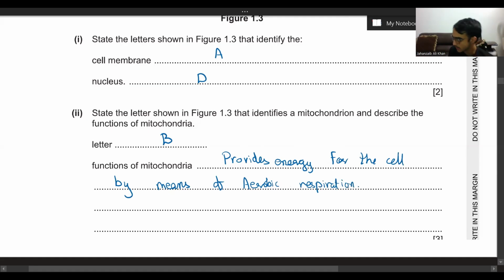Are we correct up to here? Okay, moving ahead.